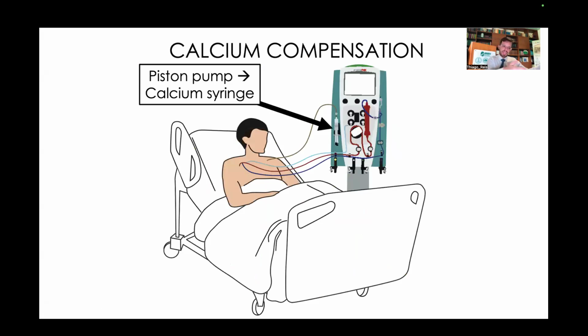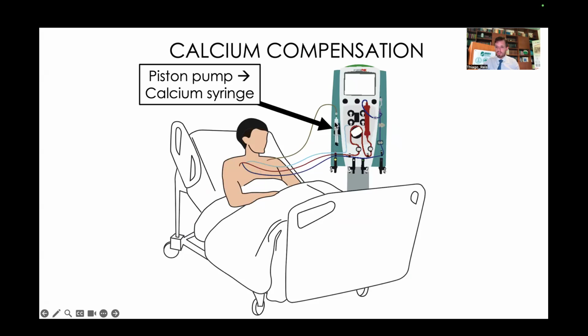And when applying regional citrate anticoagulation, since citrate chelates calcium and reduces the concentration of ionized calcium, replacement of calcium is needed. And here is an example in a CRT machine. So the blood from the patient comes in this part, receives citrate here, this clear line, goes in the pump, passes through the filter, goes here in the bubble trap, and then is returned to the patient.